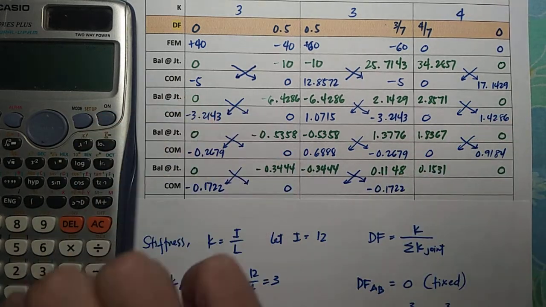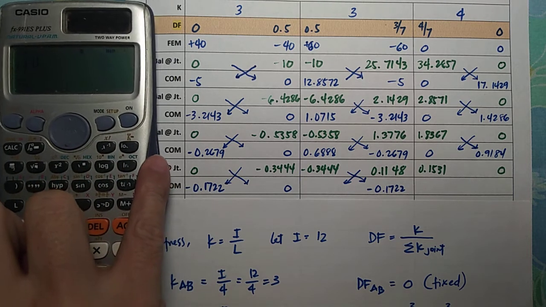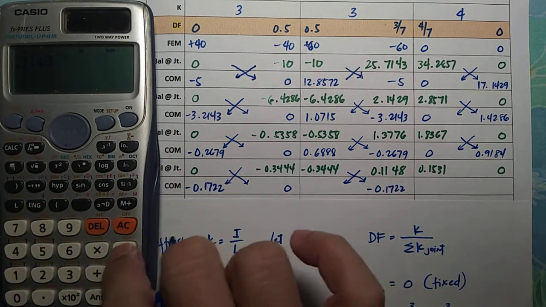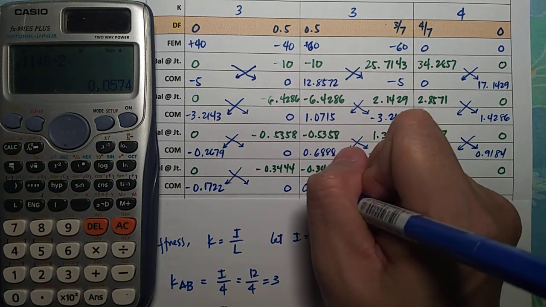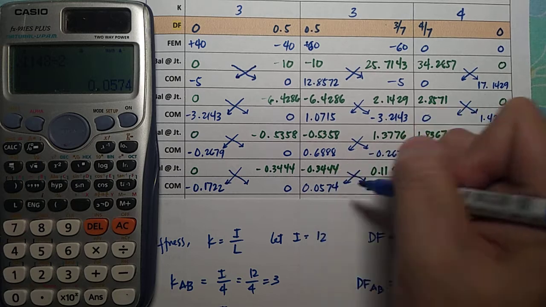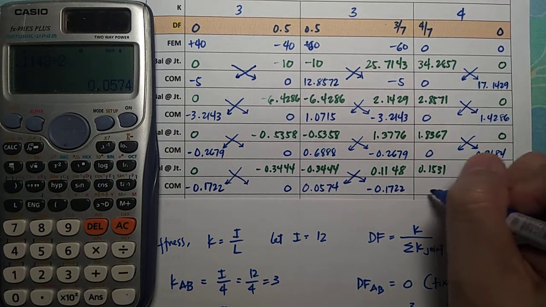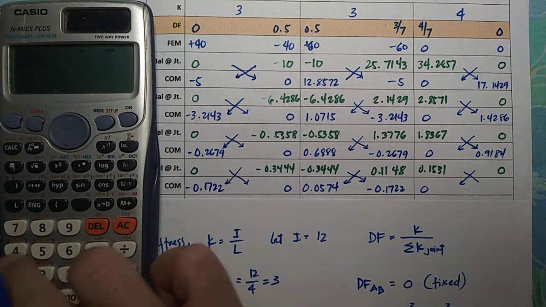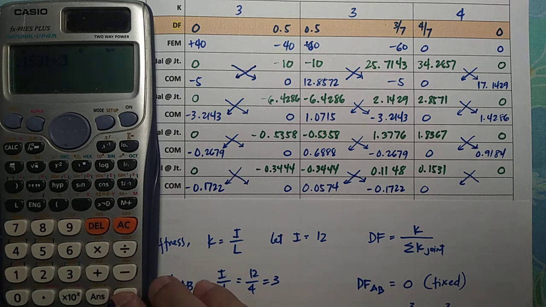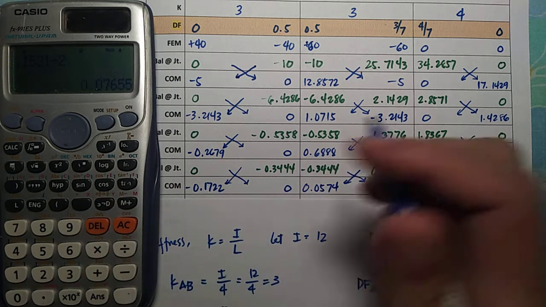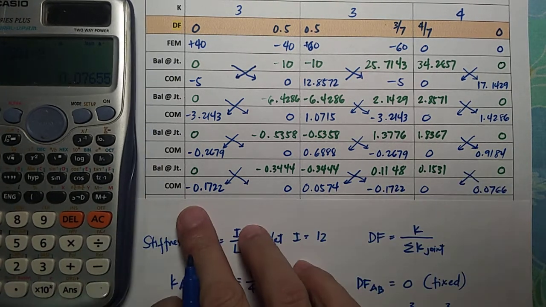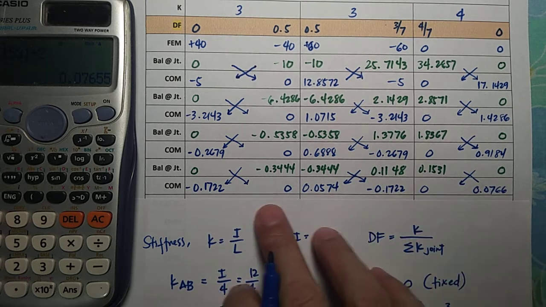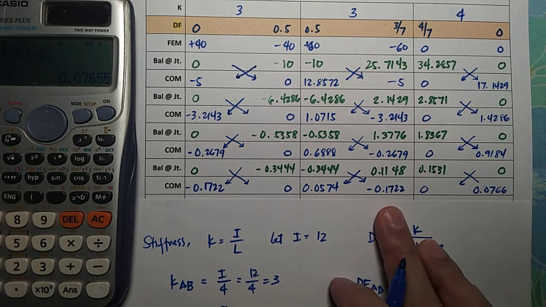This one, 0.1148 divided by 2. So, we got 0.0574. Here, 0. 0.1531 divided by 2. This is 0.0766. So, ano ng value ng COM natin? 0.05 tsaka 0.17. Isa pa.